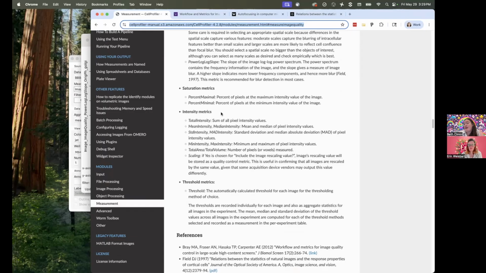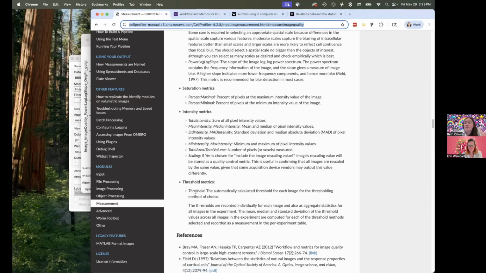Maybe they have a different maximum or minimum, or some accident of metadata means they're scaled differently. That would be potentially really dangerous. These aren't good for checking whether your image is blurry, but they might indicate overall problems, like you've accidentally mixed in some 8-bit images with your 16-bit images.